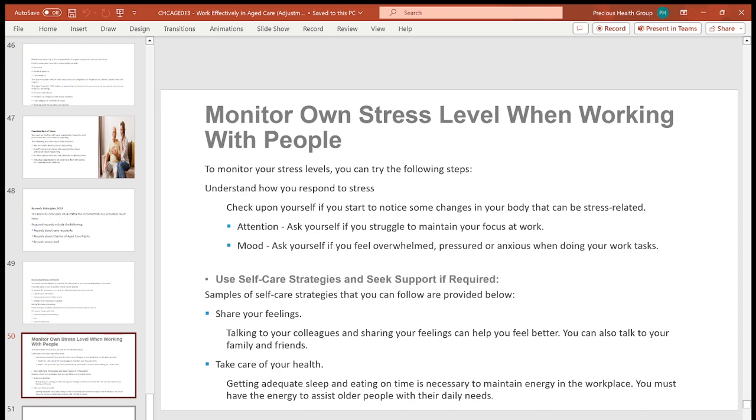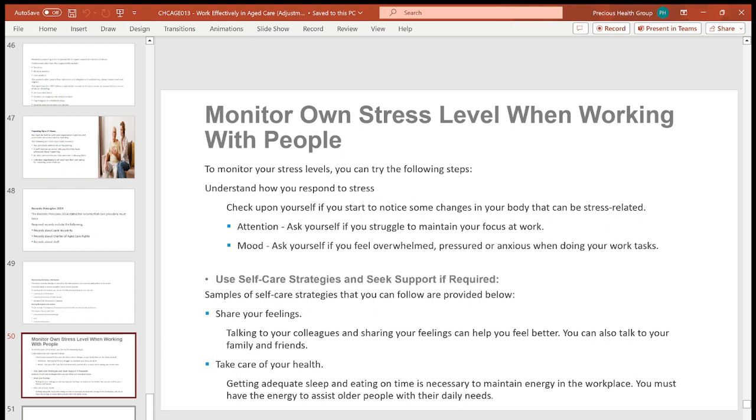Monitoring your own stress level when working with people. As I said earlier, if you don't love yourself, there's no way you can love anyone. To work and be effective in aged care, you need to look after yourself. It is very important to understand how your body works, so understand how you respond to stress.